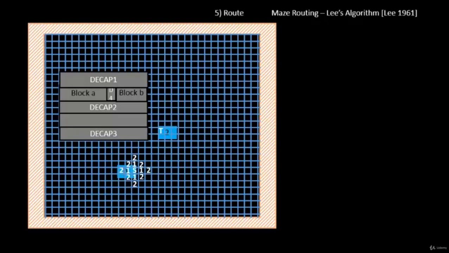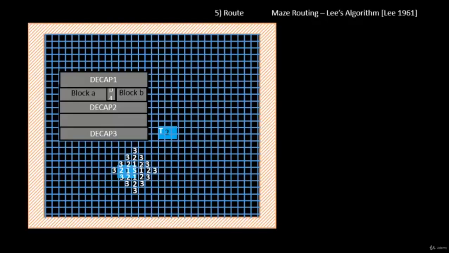So for example, for this grid box which is labeled as 2, its adjacent grid boxes are this one and this one, and they will be labeled as the next integer, which here is 3. So let's see whether we have done it. We'll put a 3 over here. Now if you look at any of the 2s, all its adjacent grid boxes, for example this one and this one, are labeled as the next integer.